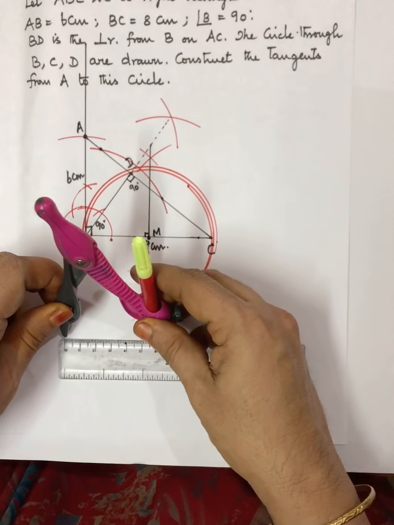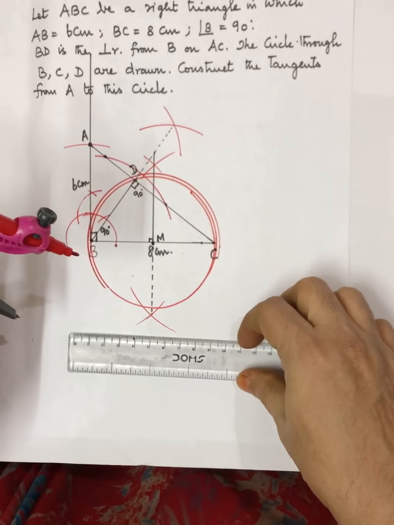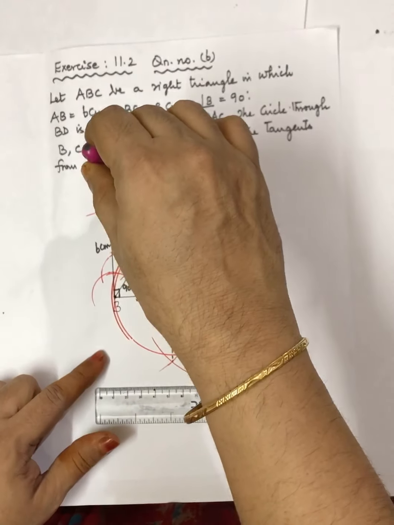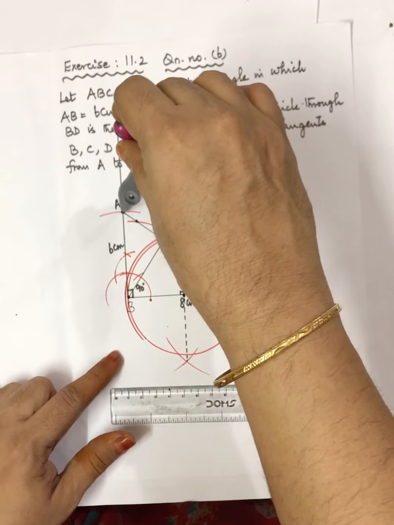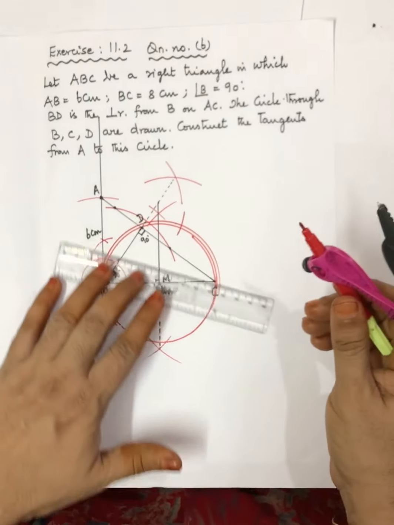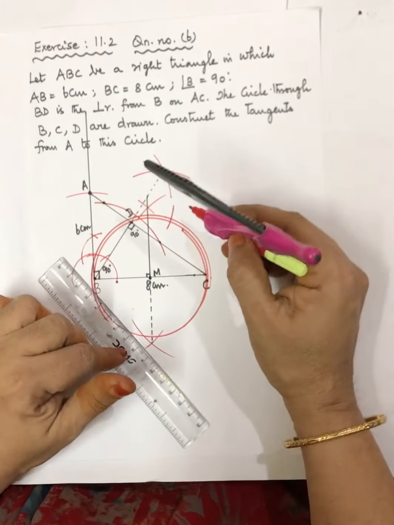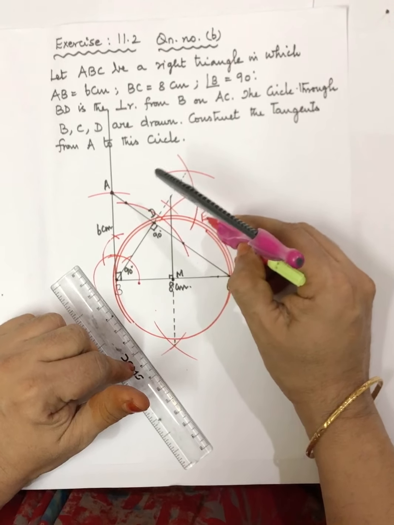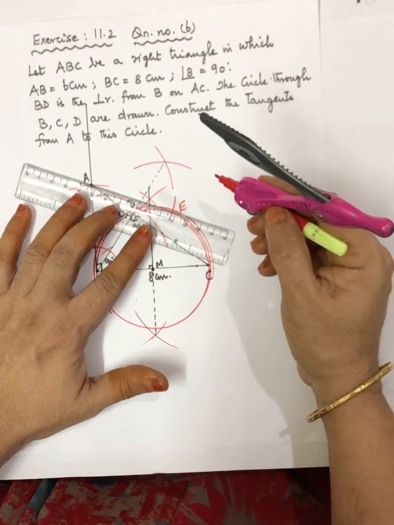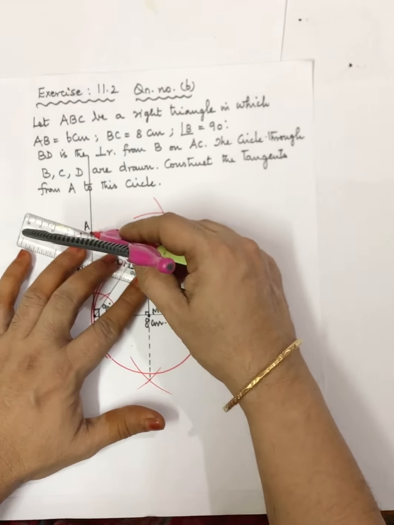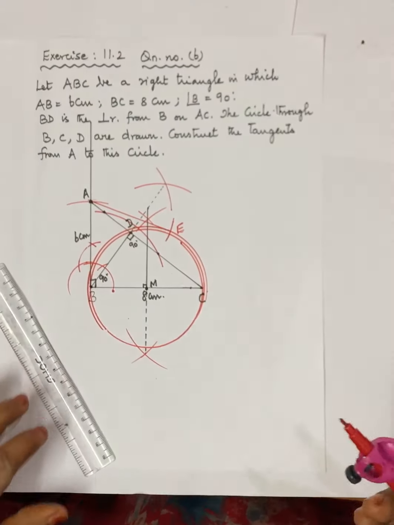So, it measures 6 centimeter. So, the same 6 centimeter, now you measure, keep the needle at A, and cut an arc on the circle. Now, name it as E. Join AE. I am showing it with red color for you to see it clearly.